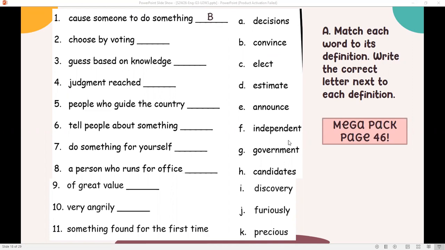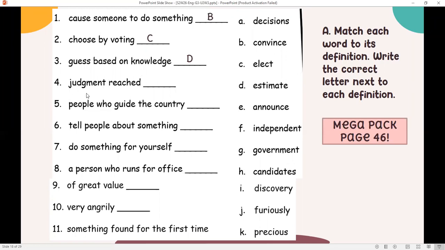Number 2, choose by voting. Which word means choose? Do you remember? To choose by voting is to elect. So it's C. Number 3, guess based on knowledge. To guess based on knowledge means to estimate.